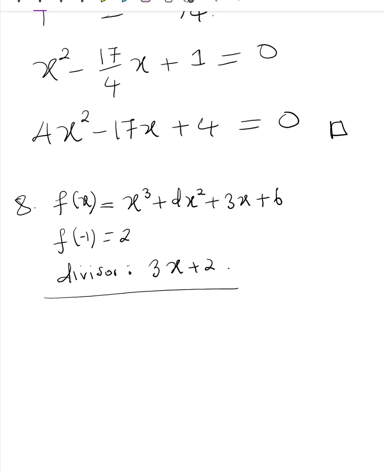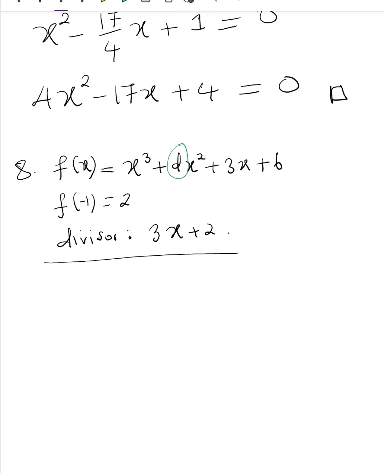You can use synthetic division or long division, but those other methods are a bit longer. Mind you, we have to look for d first of all, then find the remainder, because we don't want our remainder to be in terms of d. Why? Because we have been given f of negative 1, which is 2.